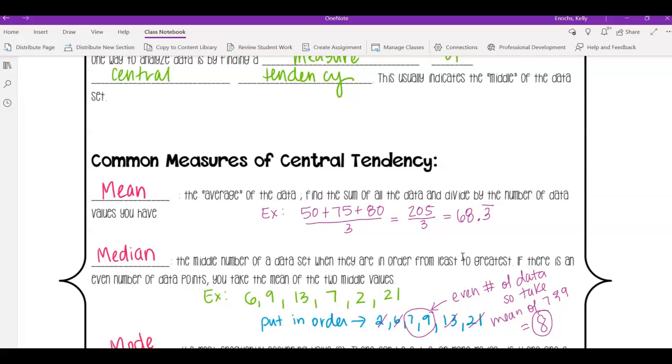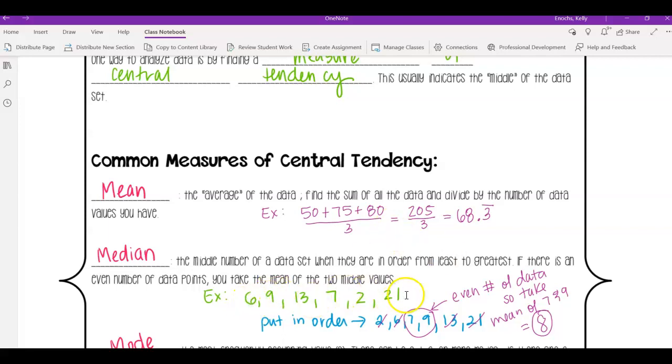Don't forget, you need to put them in order and then find the middle of that data. And usually, if there's an even number of data points, the middle is really between two numbers, so you'll have to find the average of that. If you have an odd number of data points, for example, 7, then there will be an exact middle number and you'll be able to just go through and find that number.